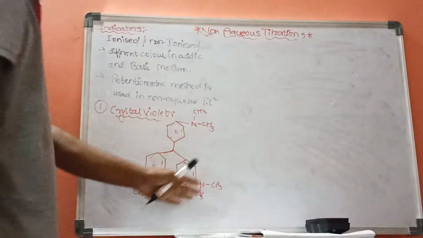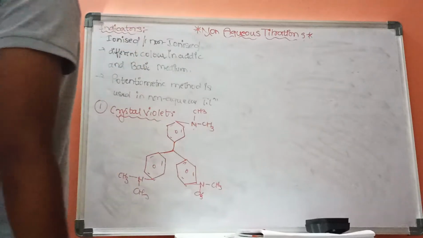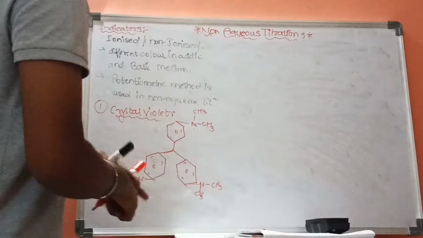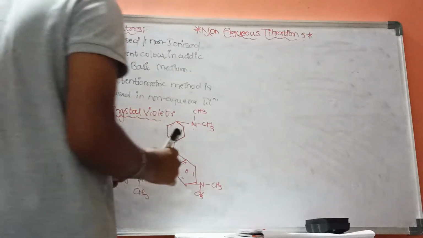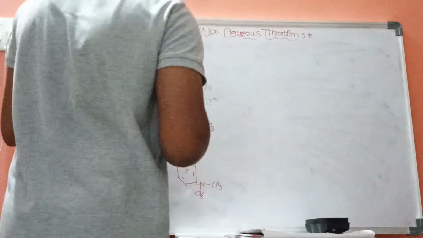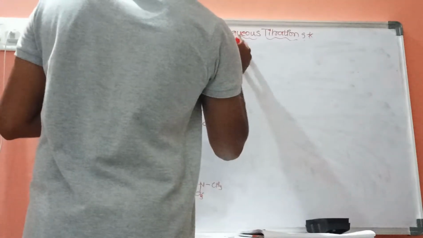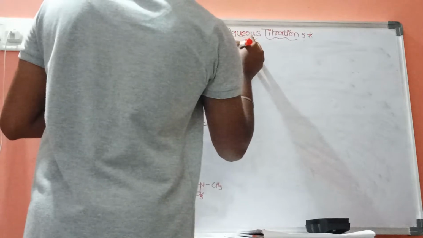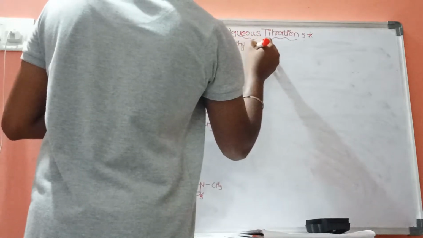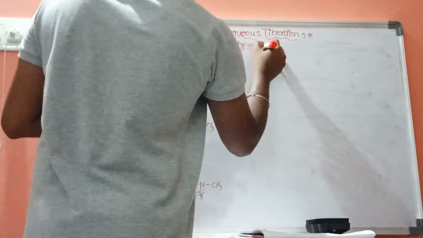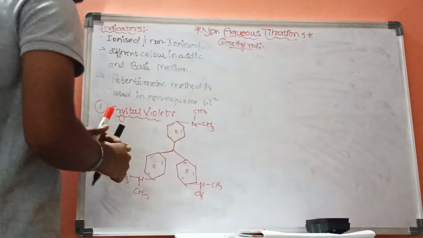This is the structure of crystal violet, and the second one is methyl red. Second indicator is methyl red.